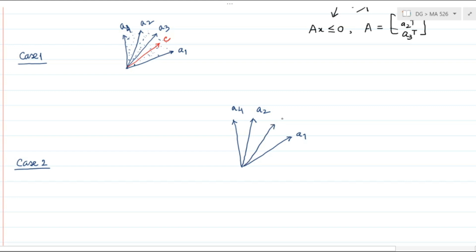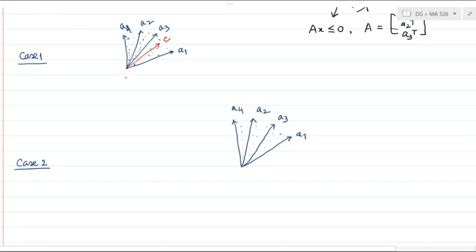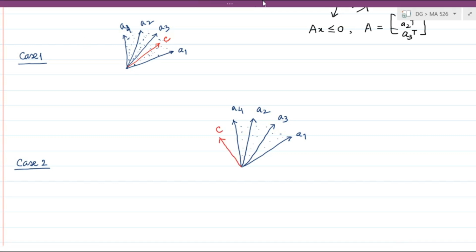And this is the cone generated by the vectors A1, A2, A3 and A4. Now either you will have C inside this cone, or C will be outside the cone, anywhere outside this dotted region.